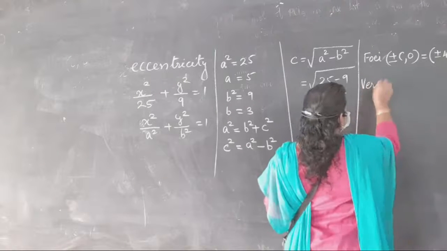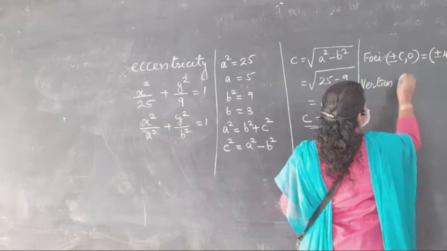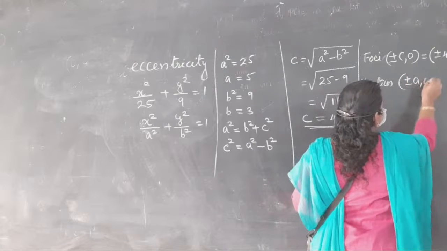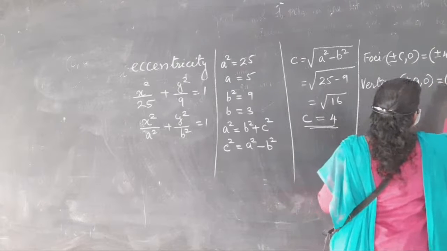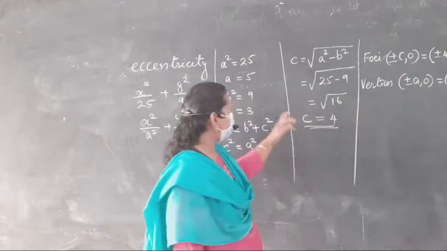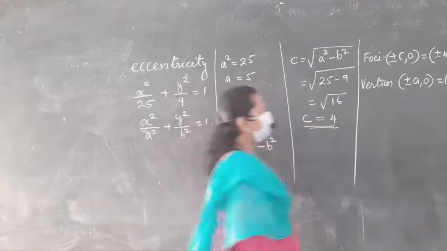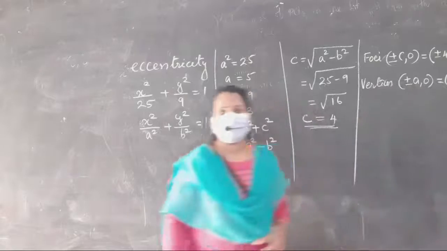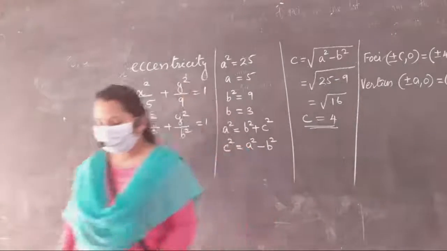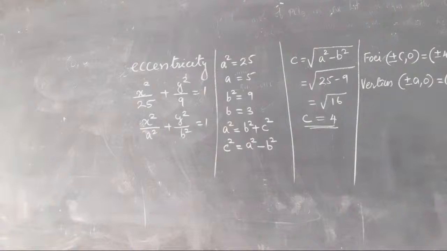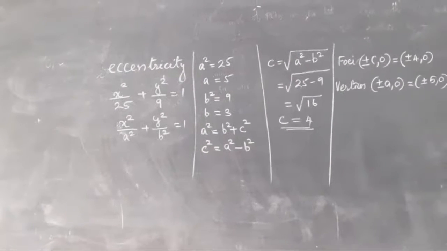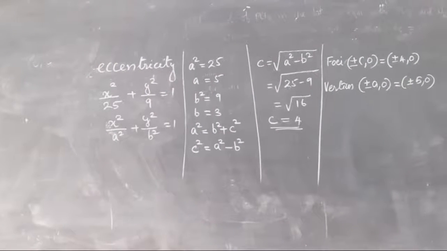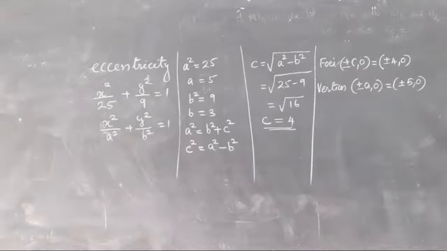Then vertices plus or minus a, 0, that is plus or minus 5, 0. The length of major axis is 2a. Okay, right.